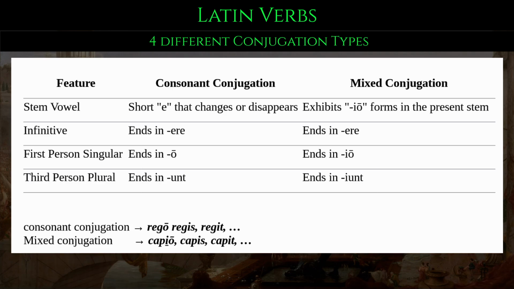Again, the consonant conjugation ends in unt, while the mixed conjugation ends in iunt, again with an I right before the unt. So, to see it in practice, here with the consonant conjugation, rego, regis, regit. In mixed conjugation, capio, capis, capit.